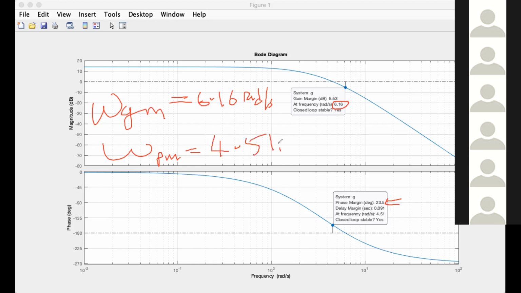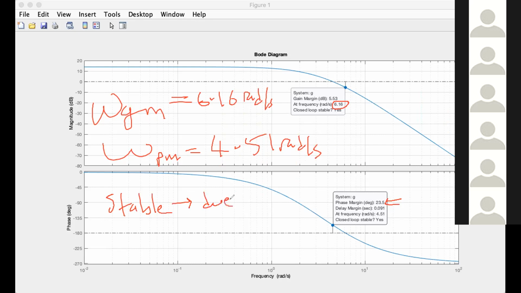4.51 radian per second. Is the system stable or not stable, Raja? Critical stable. No, stable. Why?